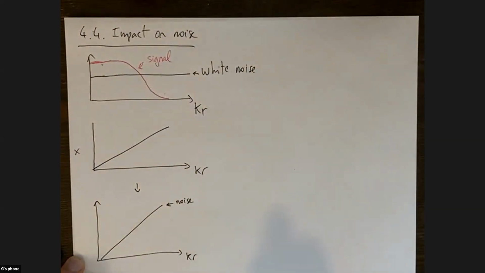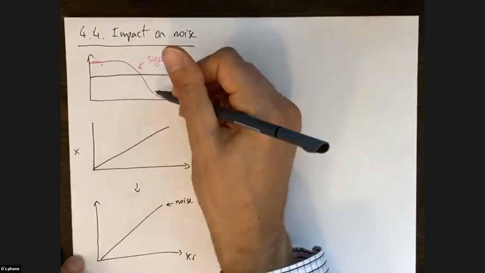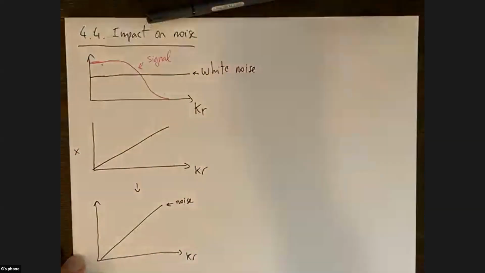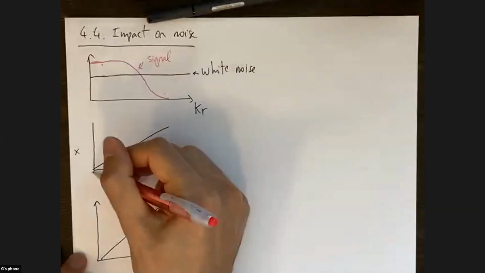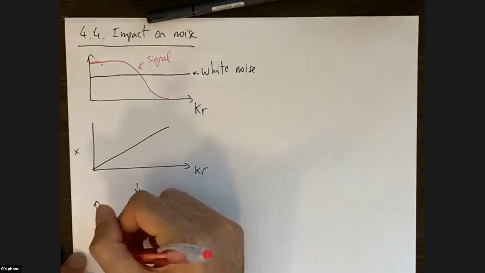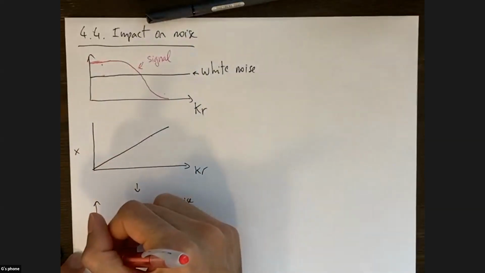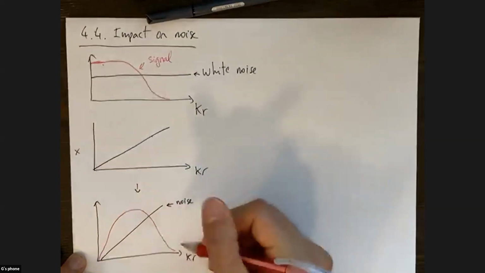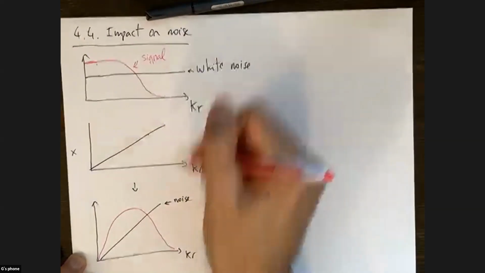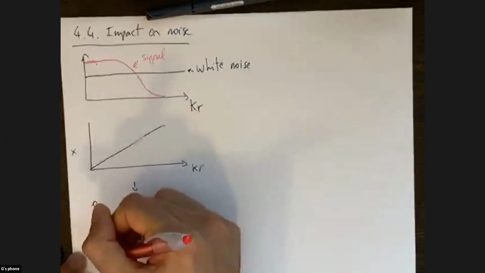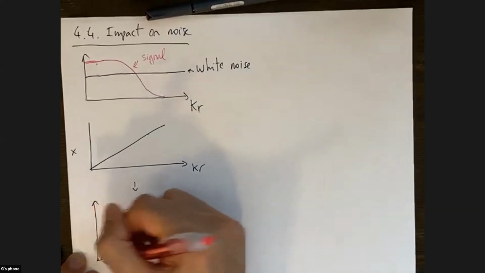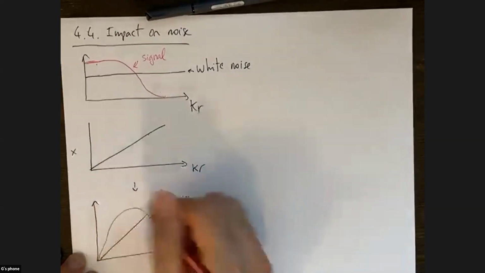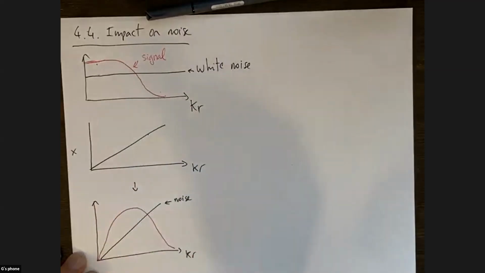And then for the signal, we're multiplying this black curve here with the red curve. In the low frequency, it's actually going to suppress the signal. And then in the high frequency, it's going to go like this, right? So here, because the signal goes down to 0, we're going down to 0. But here, because of the ramp filter, we're actually suppressing the signal and it's going down to 0 as well.